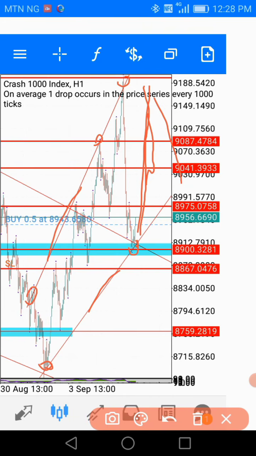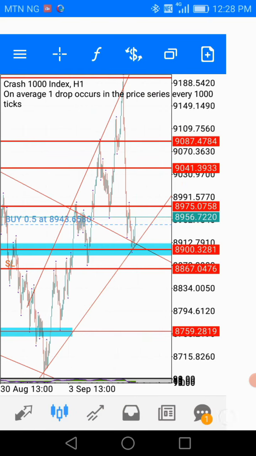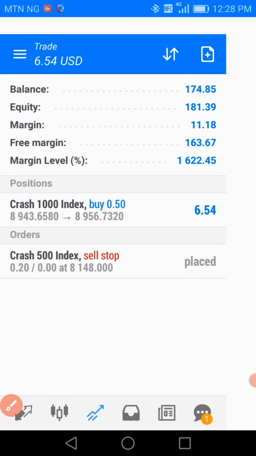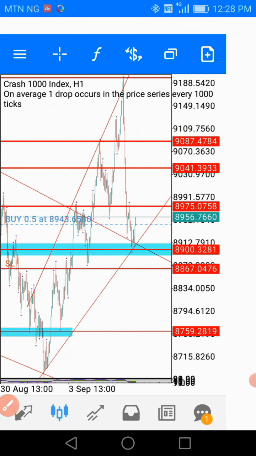So that's just it. So I have an extremely high probability trade. Now you see we're in profit already, so this market is going our way. So this is pretty much how we analyze the market, and then we are good to go, guys.